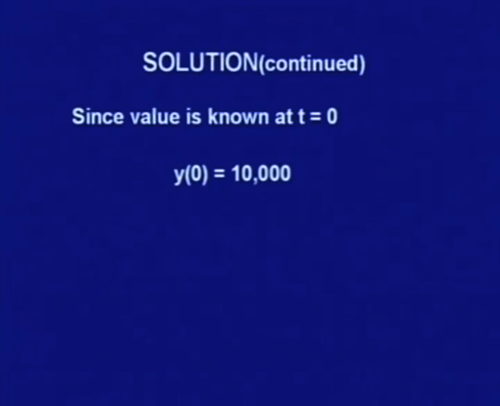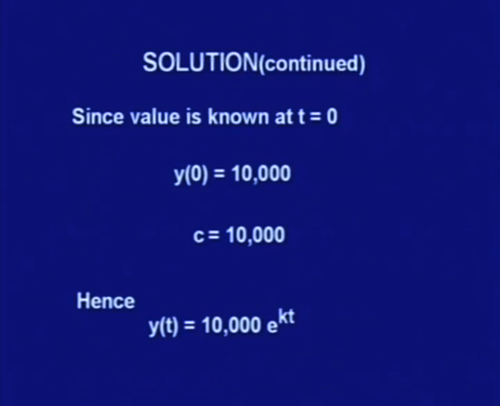If I incorporate this initial value, as we saw in our first examples, c would be 10,000. Thus, this function would be 10,000 times e to the power kt. Now, the question is, what will be this k?